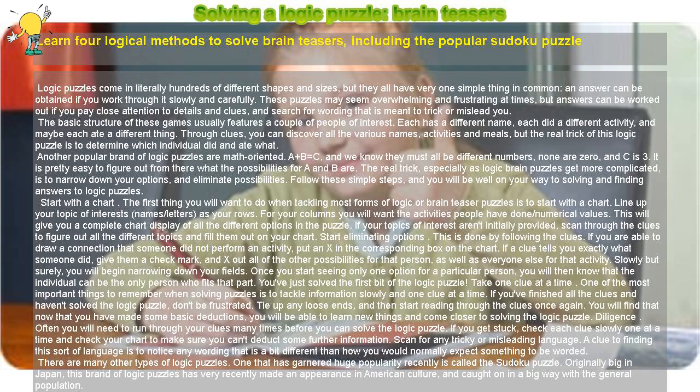Sudoku's playing field resembles a huge 9x9 grid separated into 9 smaller 3x3 grids. These smaller grids are called regions. There are 9 digits in total, 1 through 9.